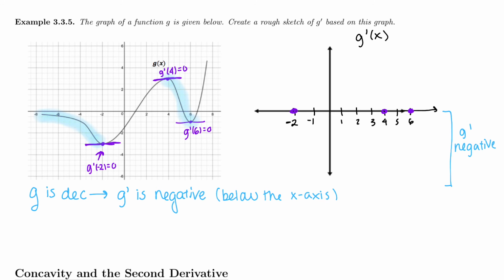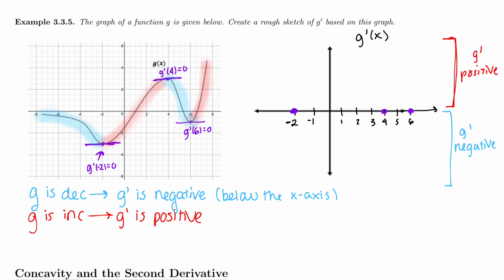And then the same thing can be said for when g prime is positive. If g prime is positive, then its graph will be above the x-axis. Once again, this is the graph of g prime, not the graph of g. We have the graph of g. So increasing. So if g is increasing, g prime is positive, which is above the x-axis.